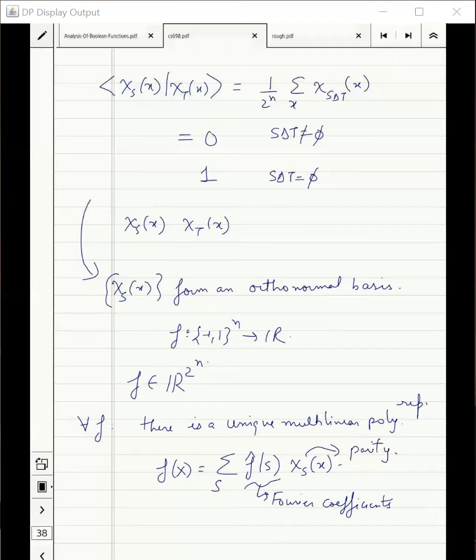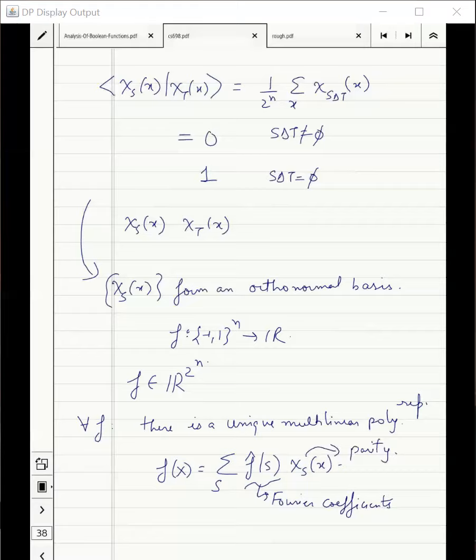We know that all our functions can be written this way. Another important thing: why is this representation unique? Because if I view these functions chi sx as vectors in R to the power 2 to the power n, they form an orthonormal basis.